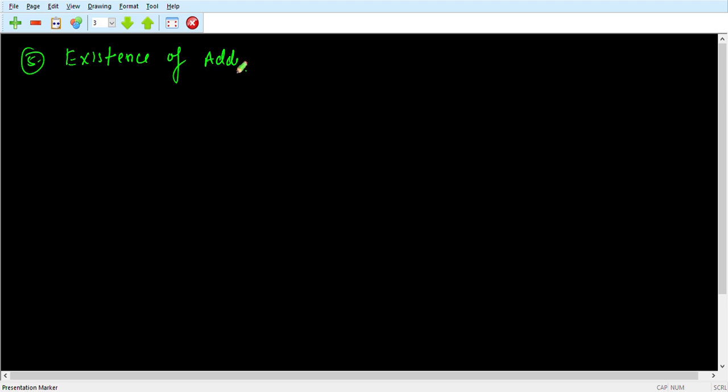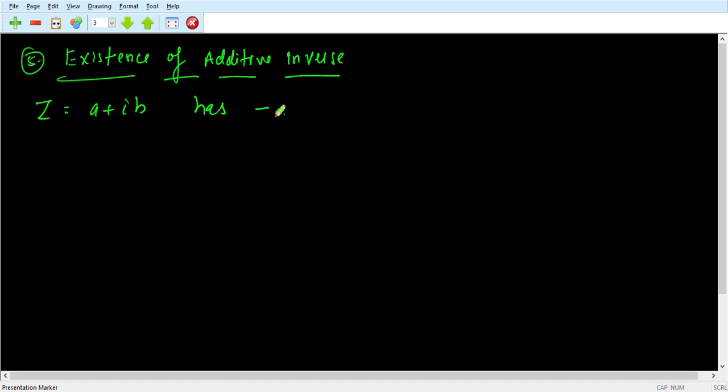additive inverse. What does it say? It says that for every complex number z equal to a plus iota b, there is minus z, meaning minus a minus iota b, right?